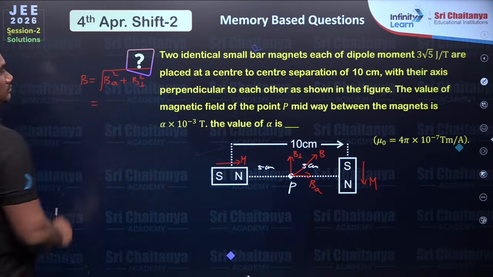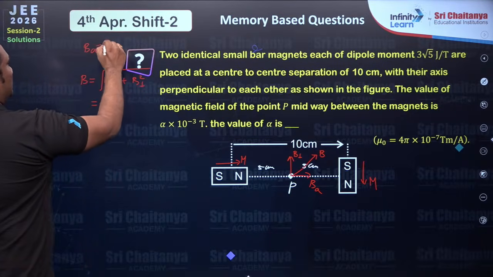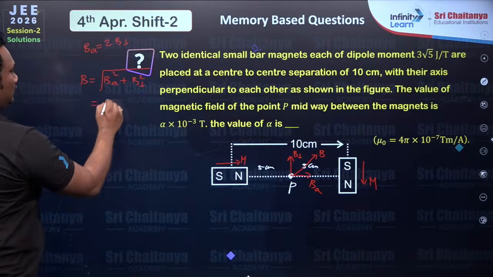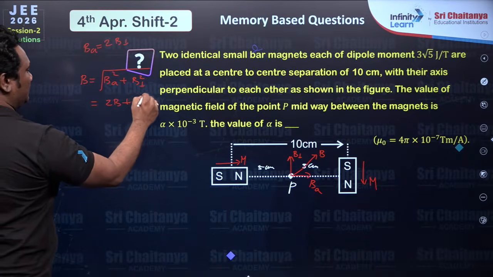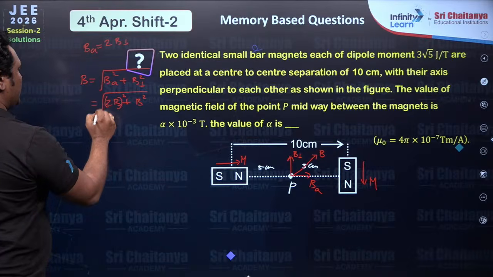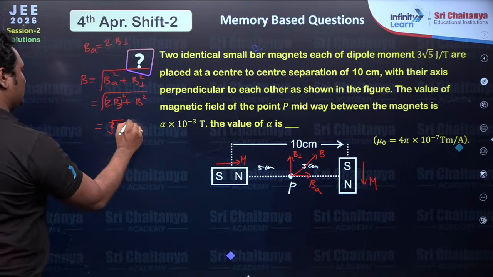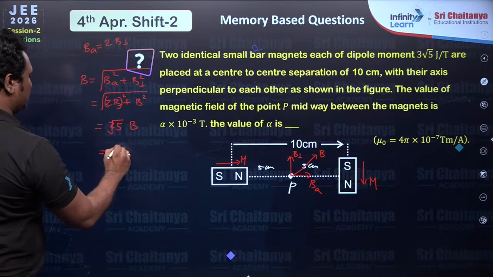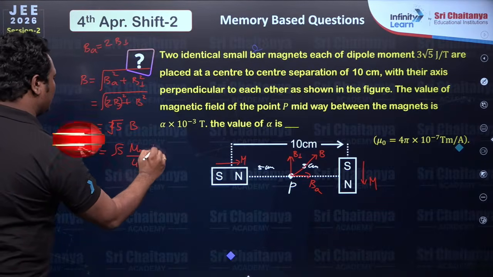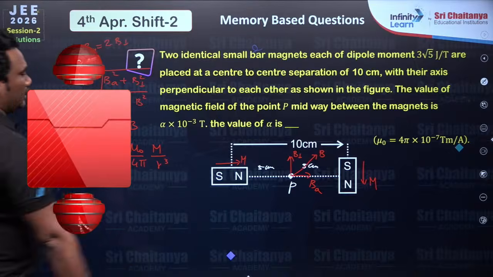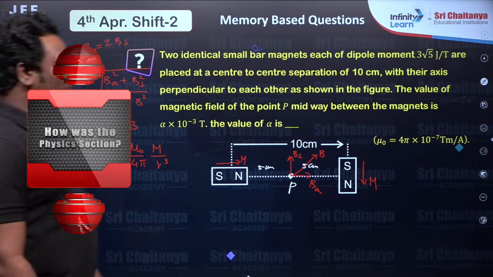B on axis is 2 times B on perpendicular. So if I call this B, and this 2B, the answer will come as root 5 times B. Root 5 times B value is mu naught by 4 pi, M by R cube. So let us substitute all our numbers.